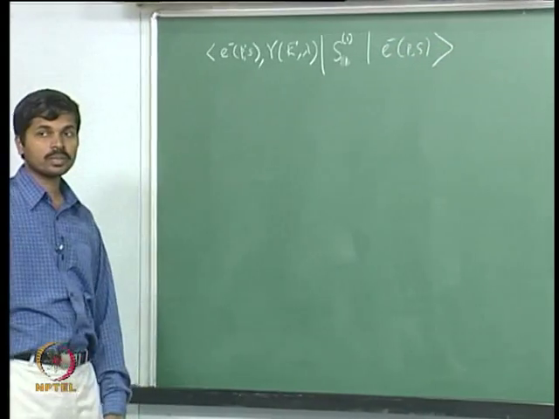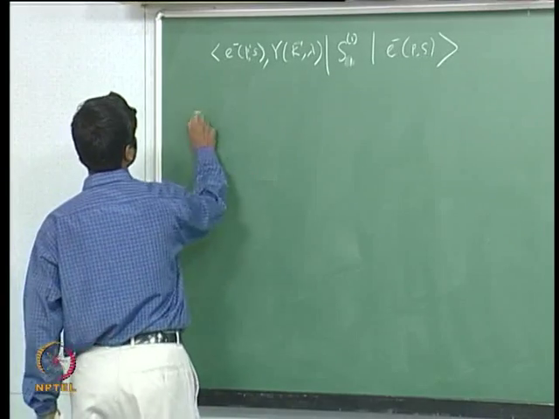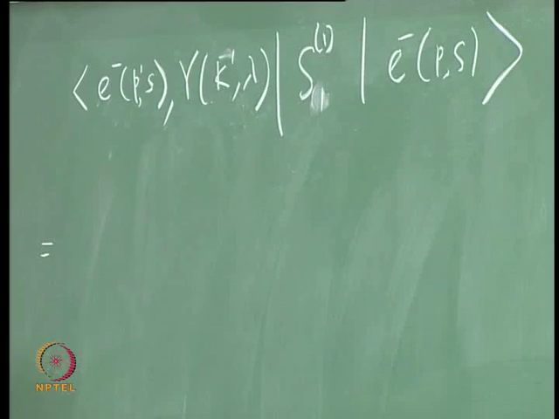This is what we have. So, we have already seen which term in this matrix may give a non-zero contribution.